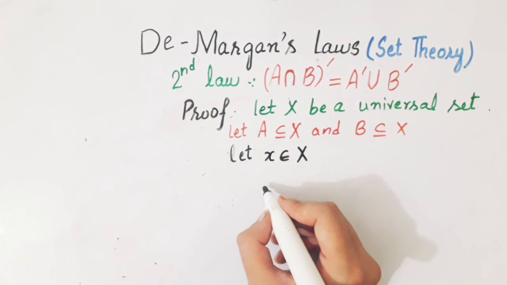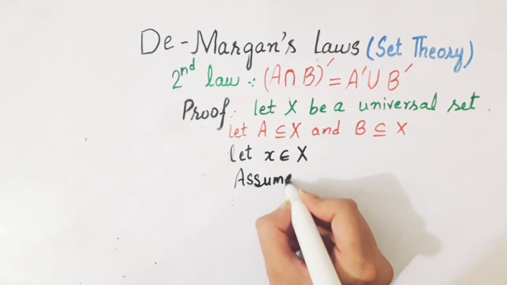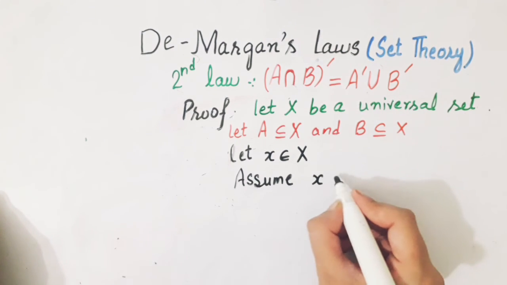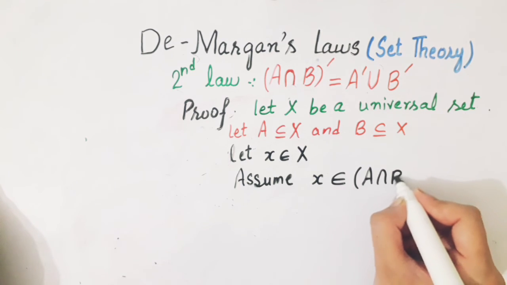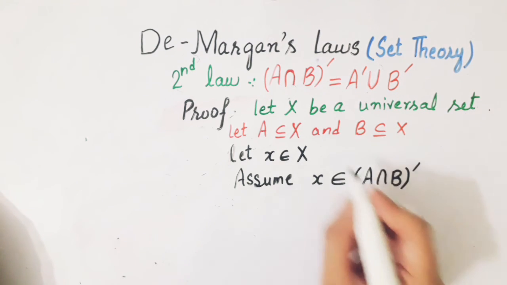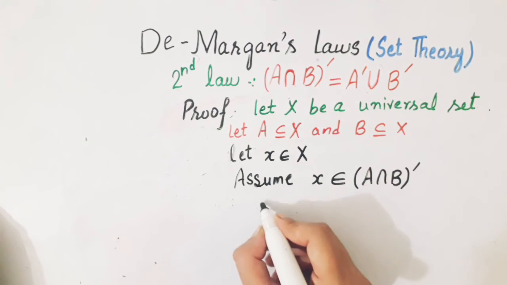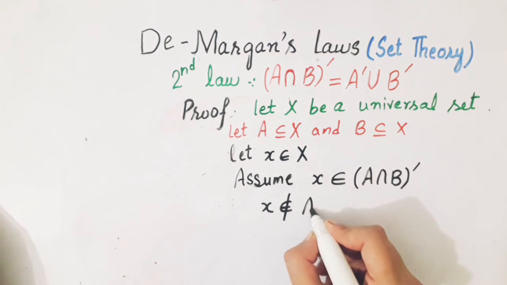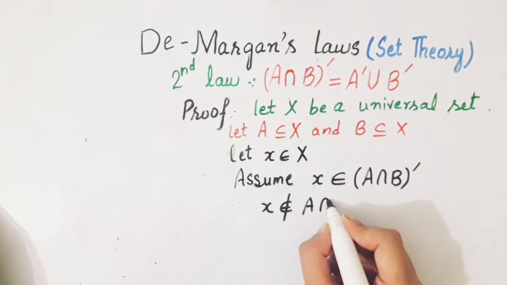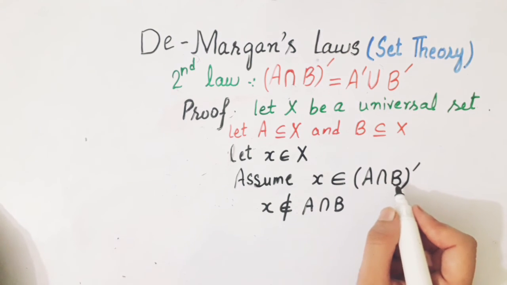Now assume small x belongs to (A intersection B) whole complement. It means x does not belong to A intersection B, because it belongs to the complement.